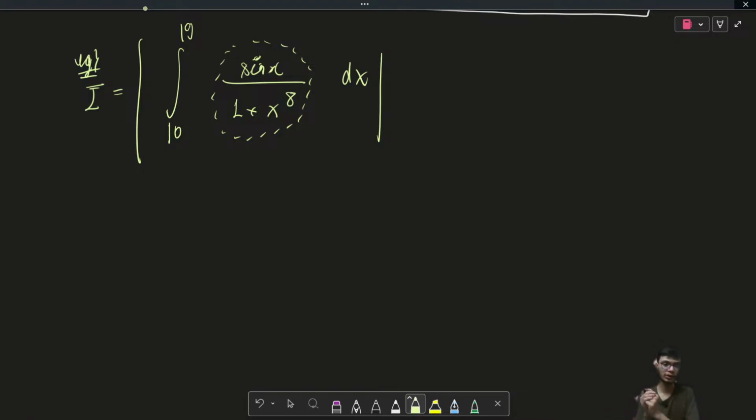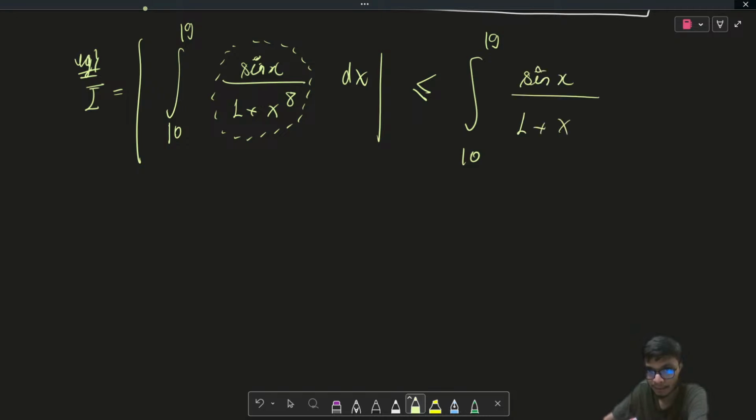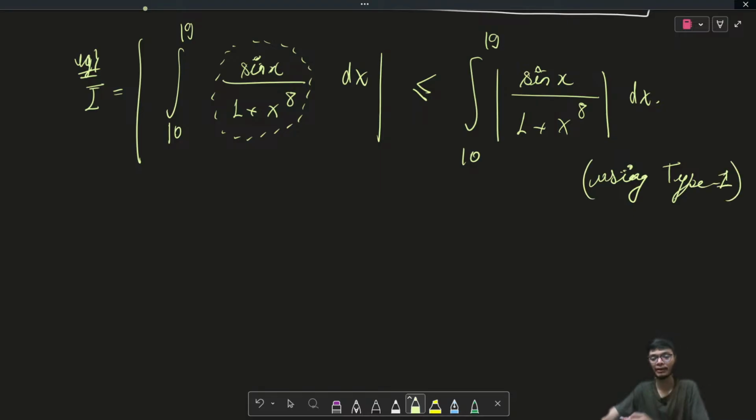That is the main challenge. So, in order to solve this question, I'm going to simply apply the first type of inequality, and I can say that this integral will obviously be less than or equal to the integral of the modulus of sine x upon 1 plus x to the power 8, dx. This is by using the type 1 inequality, and you will see this result is true.